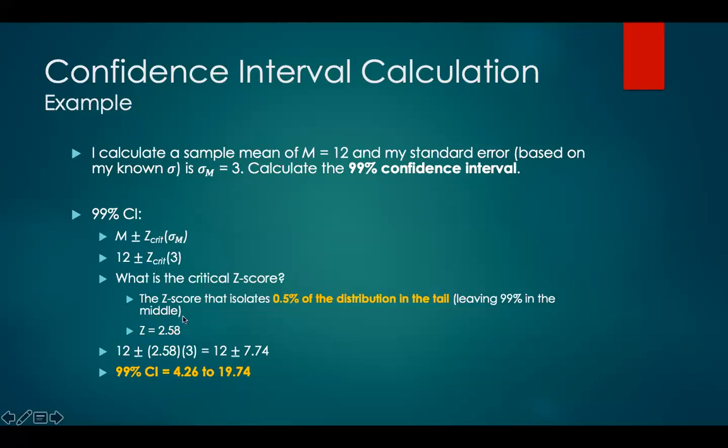And as I said earlier, this is a larger z-value, 2.58. We get that from our Shiny app or the standard normal table. And this time we add 12 plus or minus 2.58 times 3, or 12 plus or minus 7.74. And our 99% confidence interval is 4.26 all the way to 19.74.